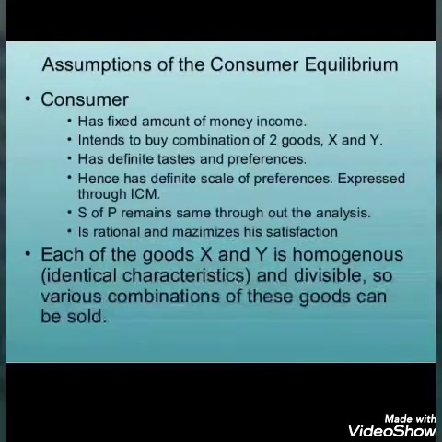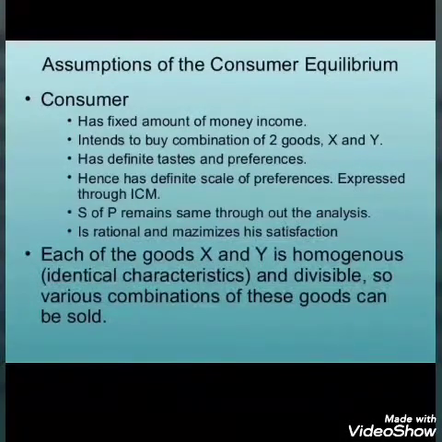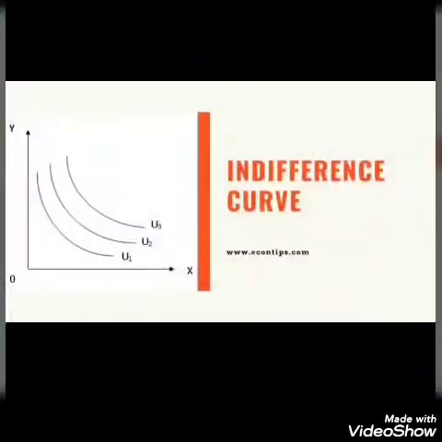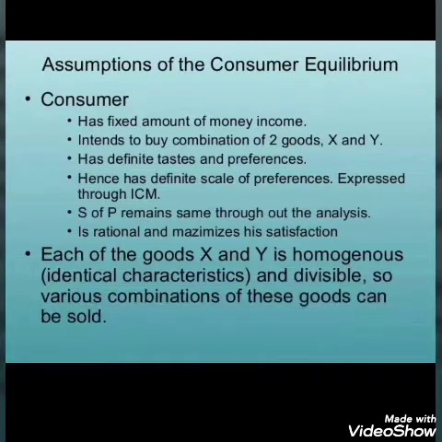And the consumer's preference for the two goods is well defined. That means his intensity of desire for a good will increase when he has less of it. More of a good always gives more satisfaction to the consumer, so this is called monotonic preference.